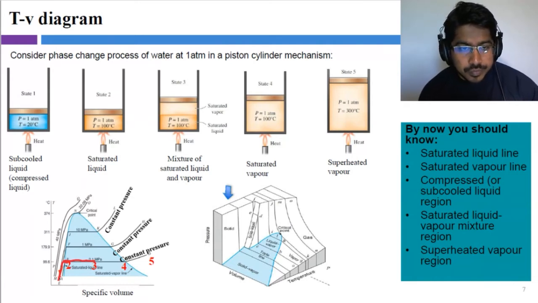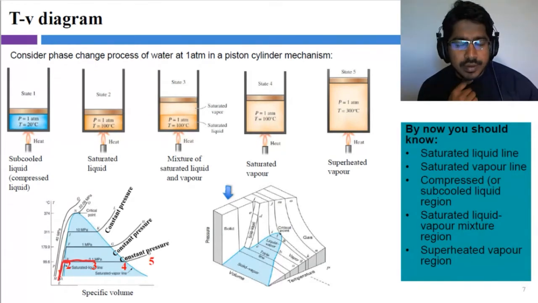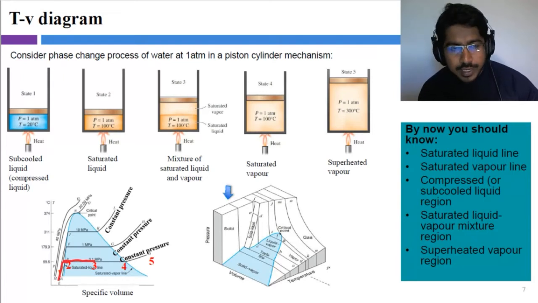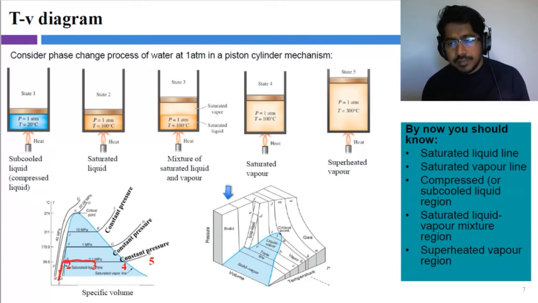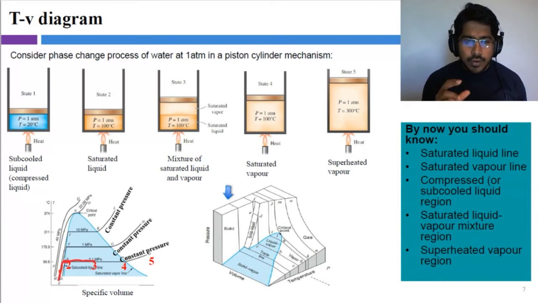Again, don't stick to the pressure numbers. I'm not looking at whether it's the 1 atm line or whatnot. I'm just drawing it for explanation purposes, right? So from 3 to 4 we keep on heating. Now we provide more energy, and with more energy, all the liquid in this chamber becomes vapor, right?